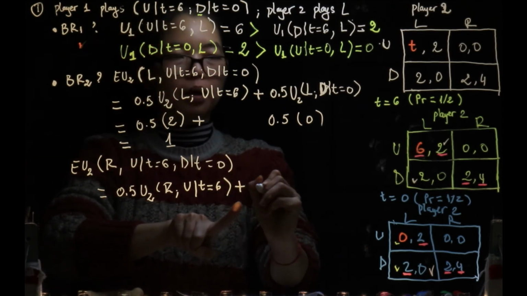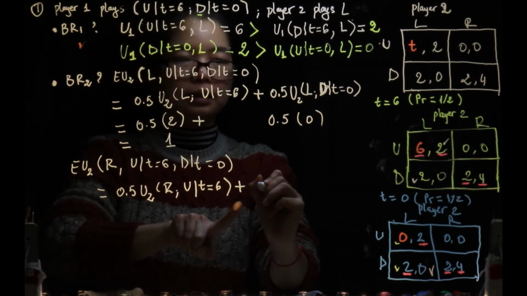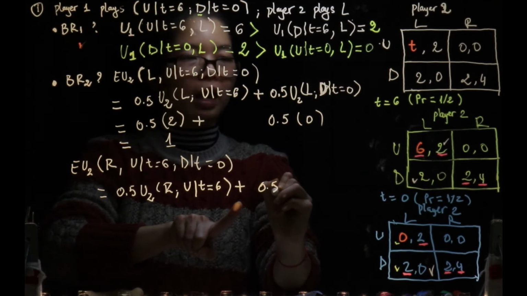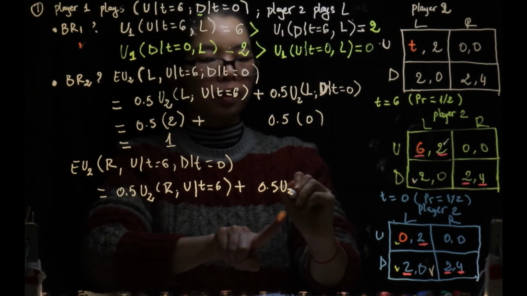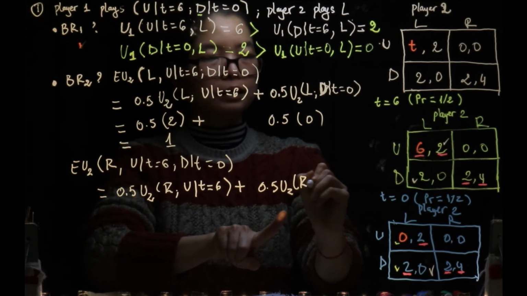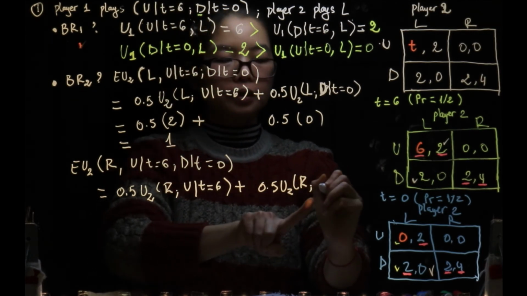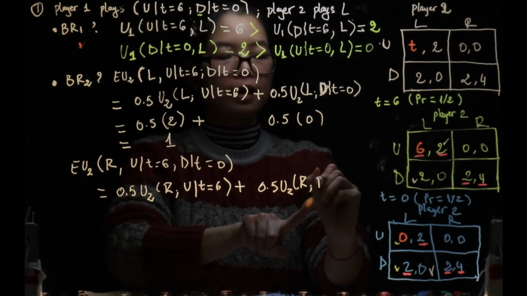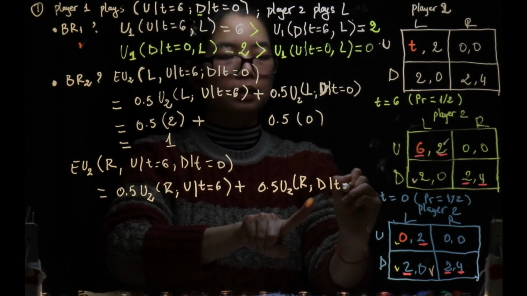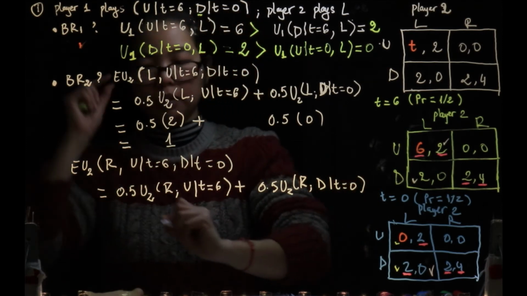Plus the probability that t is 0, which is 0.5, times his payoff when he plays right again and player 1 plays down when t is 0.